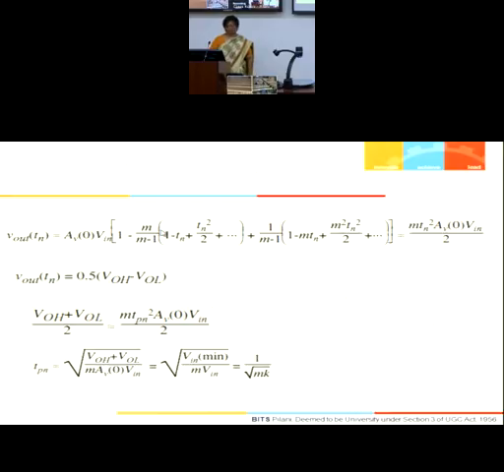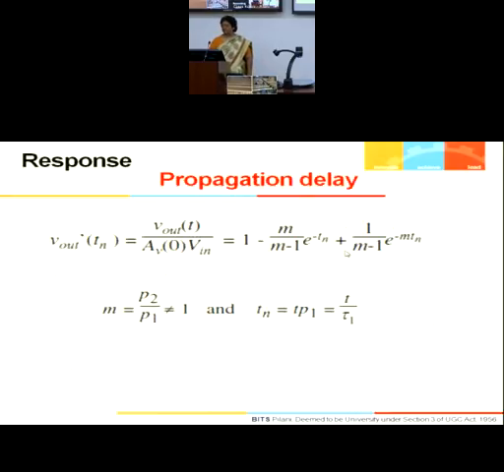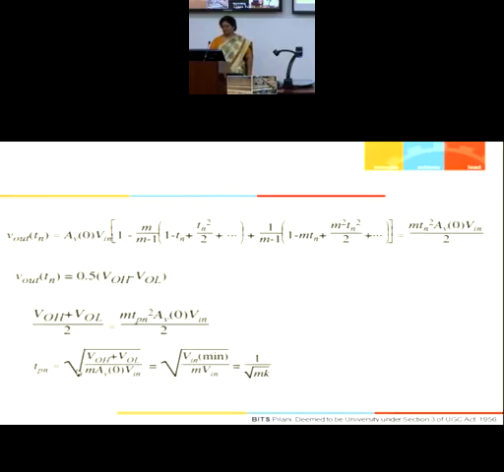Ultimately you come to this expression. This is the expression of propagation delay when we have a two-pole system, which depends on the two poles. Here we have solved the equation when the two poles are the same.